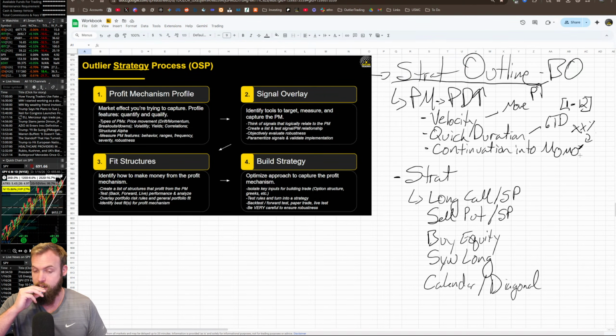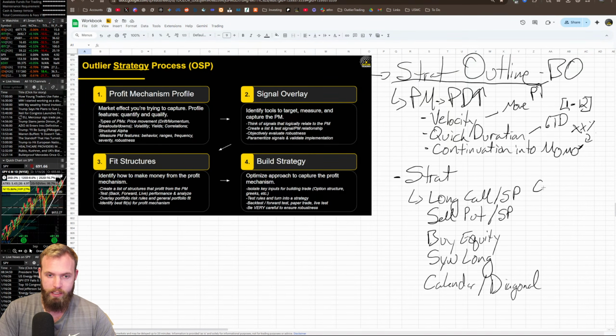The reason why studying the profit mechanism like this is so important is because once I know these details, the work is effectively done. Literally, the entire project is super, super simple. If I have an idea of how much the thing is going to move, I'm going to know if I want capped or uncapped profit right away.